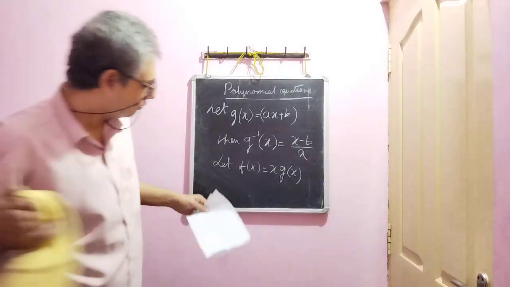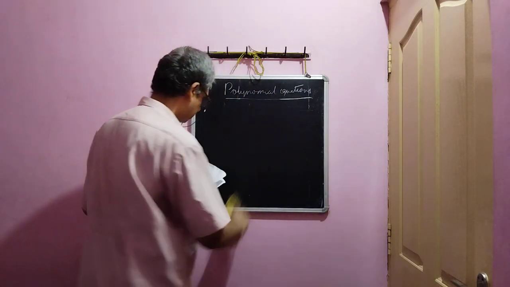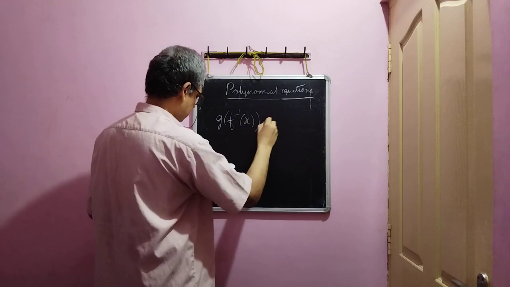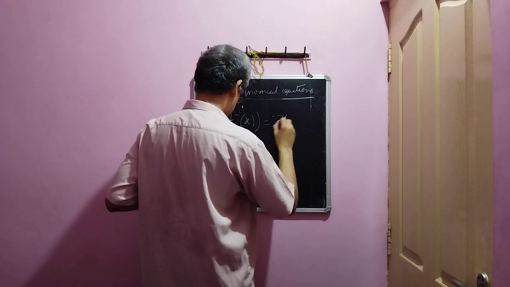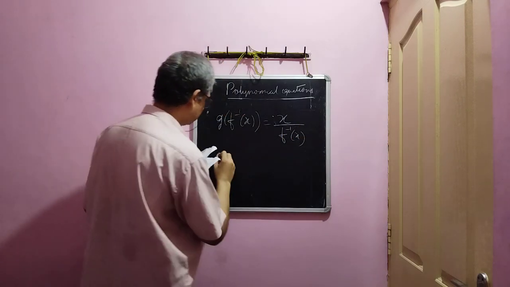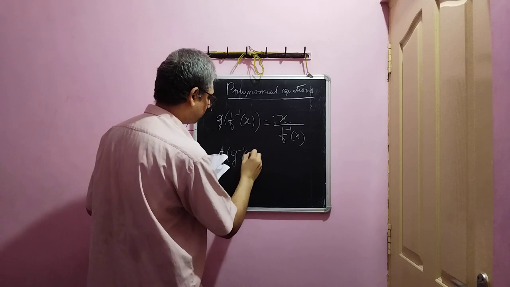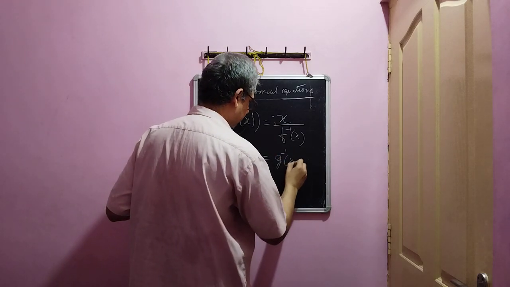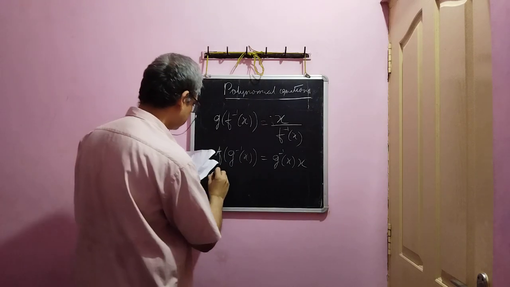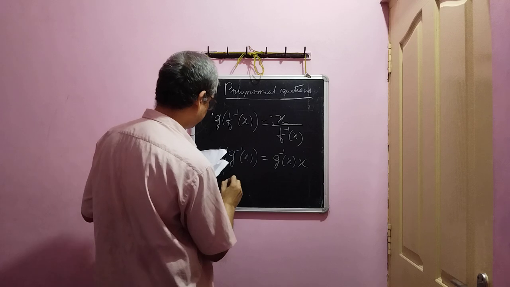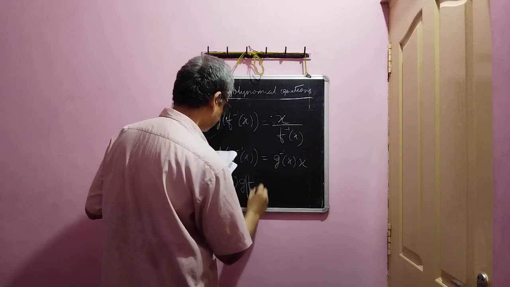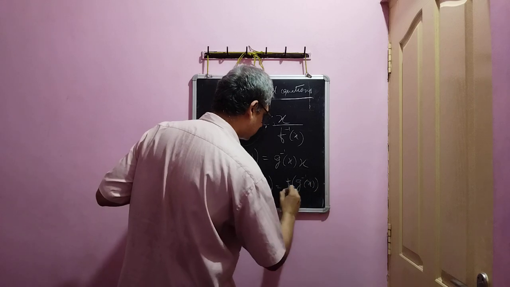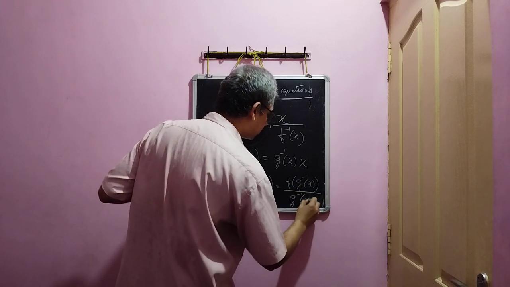Then we will have g of f inverse of x is equal to x by f inverse of x, and f of g inverse of x is equal to g inverse of x times x, or f inverse of x times g of f inverse of x is equal to f of g inverse of x over g inverse of x.